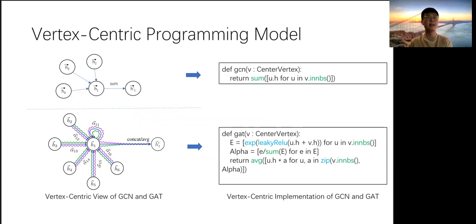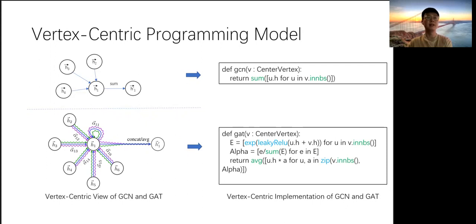Similarly, for the GAT model, we first compute feature list E by summing center vertex v's feature and its neighbors'. Then we perform leaky ReLU and exponential function on the result. The alpha is the attention score, which is computed by normalizing each element in E by their summation.